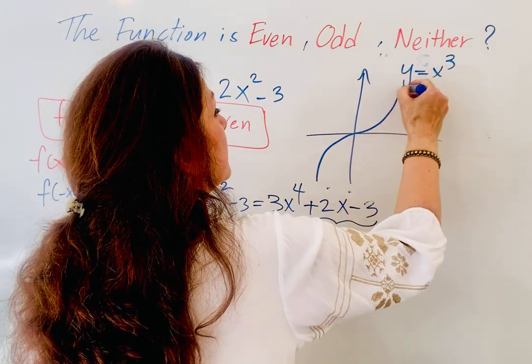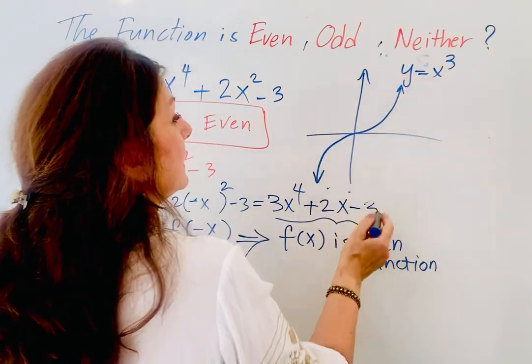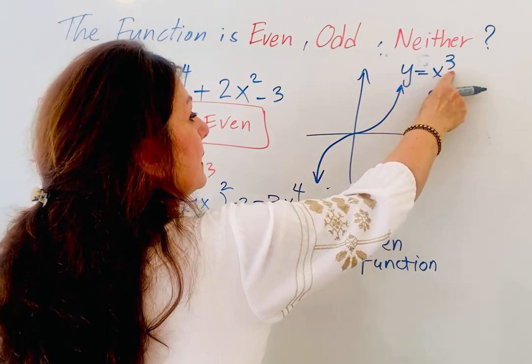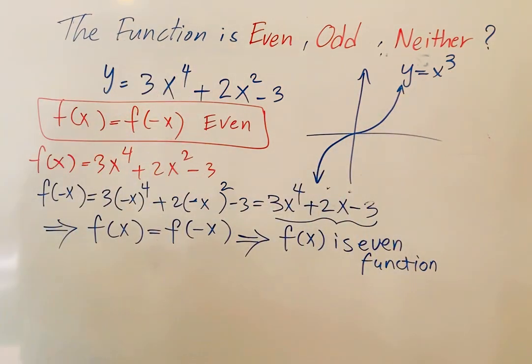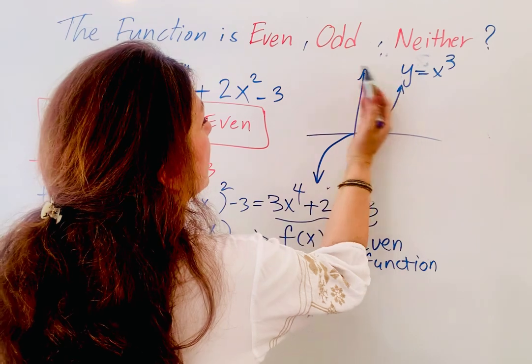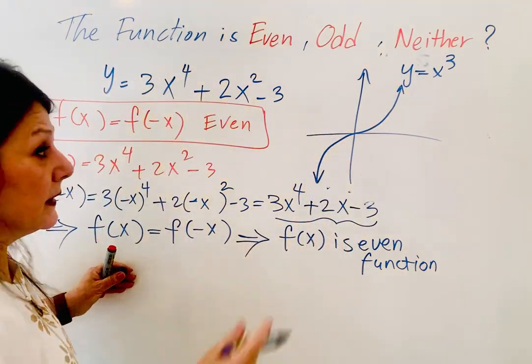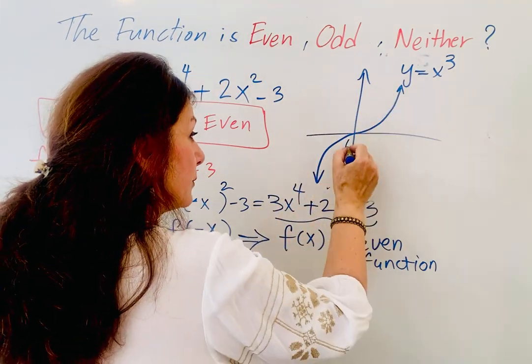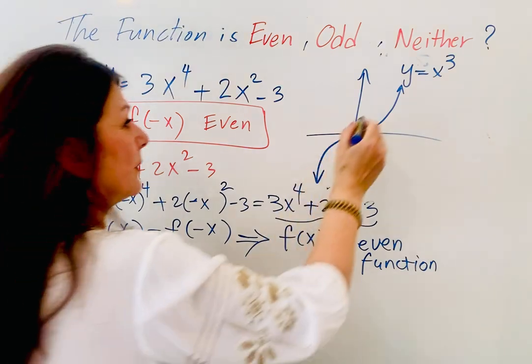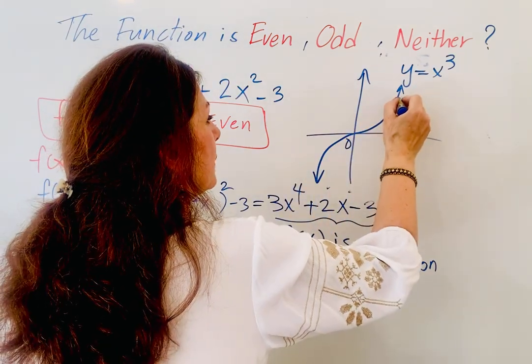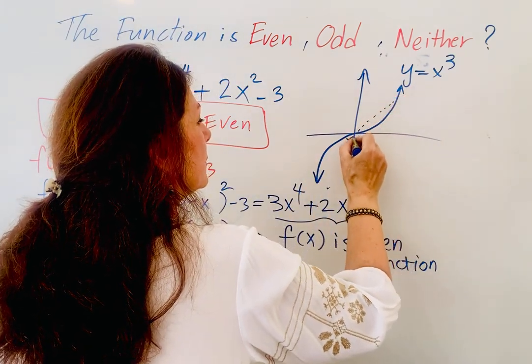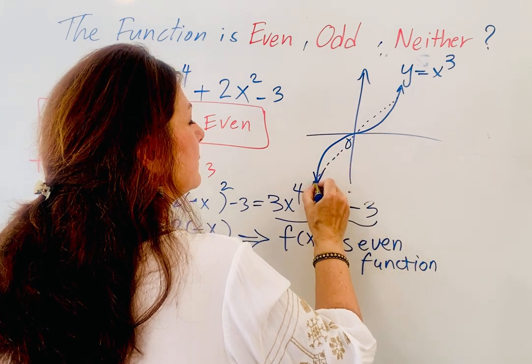This is the parent function for this. F of x is x to the 3. This is odd because it's not symmetric to the y-axis. This is symmetric, but symmetric to the origin, to one point. Any point goes to the other way, the same way.